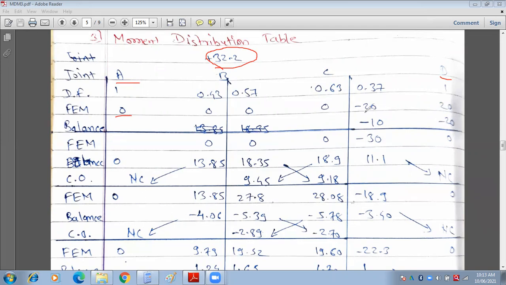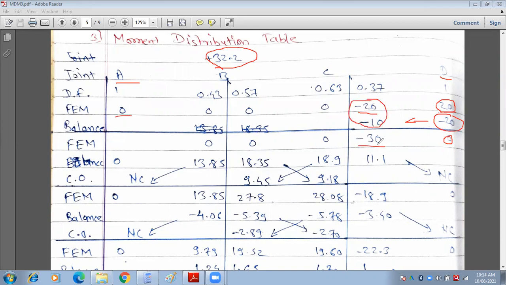The fixed end moments we calculated are minus 20 and plus 20, which means we have to nullify this value. That's why we apply the minus 20 moment over here. The addition of these two terms becomes 0 over here, and 50% of this moment is transferred to the far end. That's why minus 20, the 50% is minus 10, is transferred to the far end. Now write down the addition of these two terms over here.